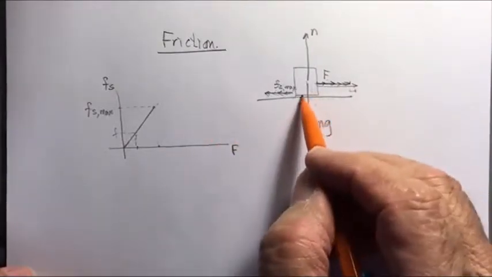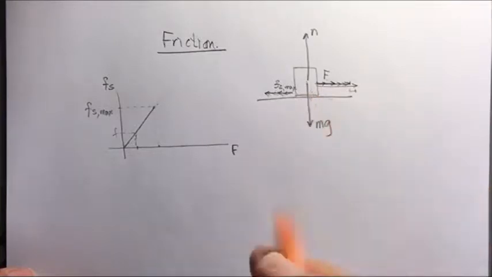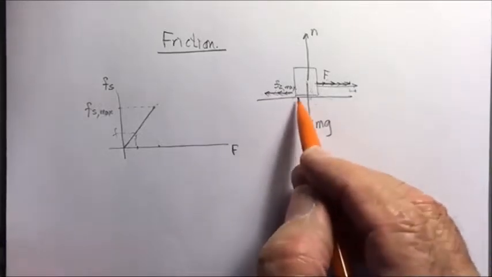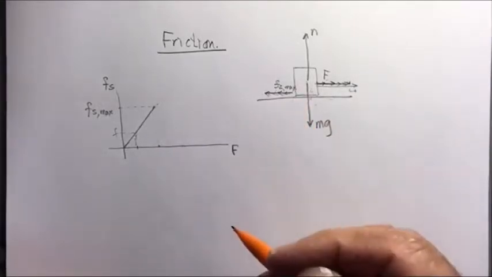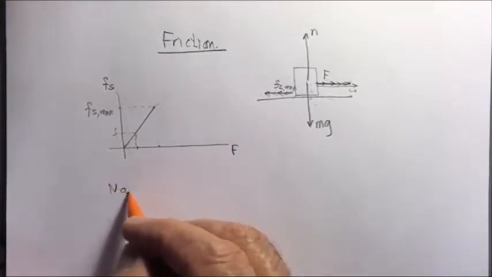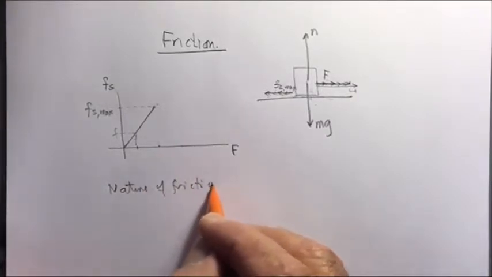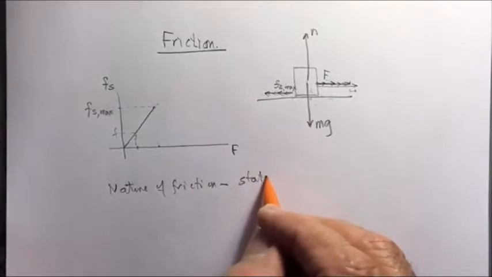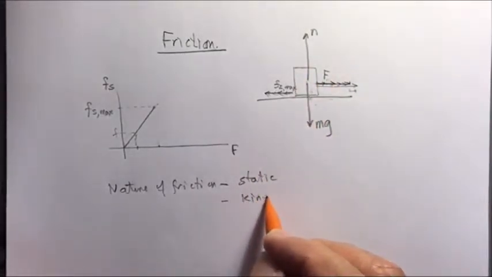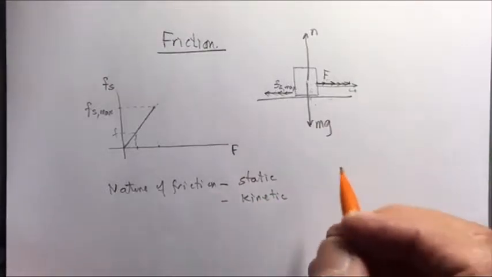As soon as the surfaces are in relative motion, we have sliding. The object is sliding over the surface, and as soon as that happens, the nature of friction itself changes. So we have two kinds of friction: static, so long as it's not moving, or kinetic, when the two surfaces are slipping with respect to each other.